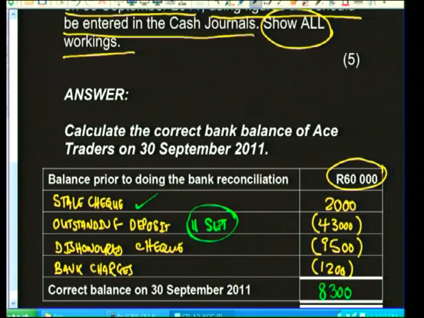What was the rule? The rule of prudence. So we cancel that deposit, and we'll see what we're going to do with it. Then there was a dishonored check. You entered a dishonored check in your cash payments journal, therefore a payment reducing your balance. And finally, your bank charge, which amounted to 1,200. You took all of that into consideration, and there you got your final answer, 8,300.